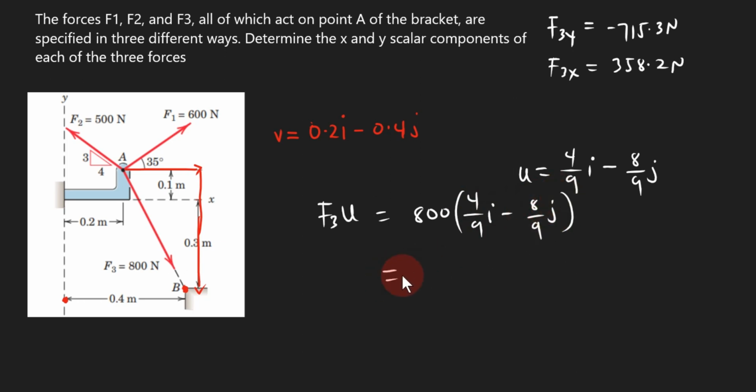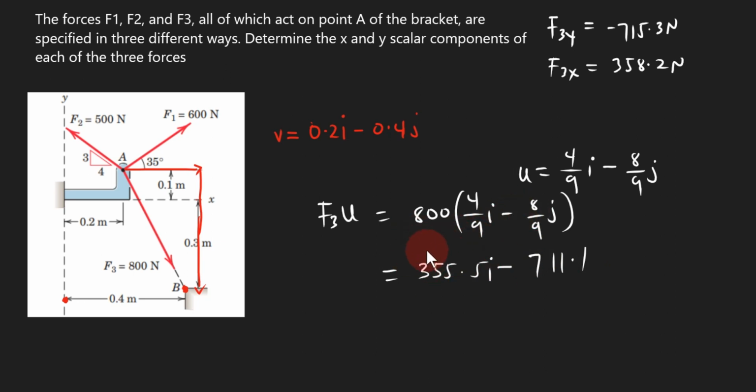So 800 times 4 on 9 actually gave me a value of 355.5i, minus 800 multiplying 8 on 9, which gave me a value of 711.1. I think this is because of the rounding of the numbers.